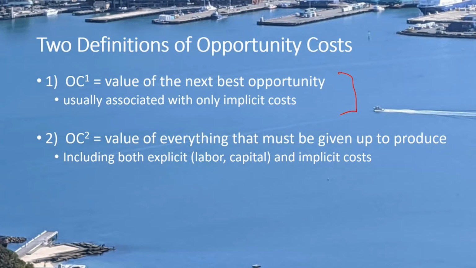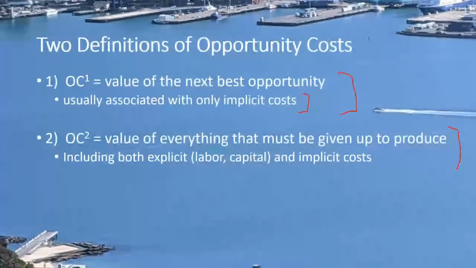And this is the value of the next best opportunity, and it's usually associated only with the implicit costs, the cost that you're kind of incurring because you're not doing something else instead. All right, and that's how I would think of opportunity cost, and it is one definition of opportunity cost that gets applied in textbooks. But there's another definition as well.